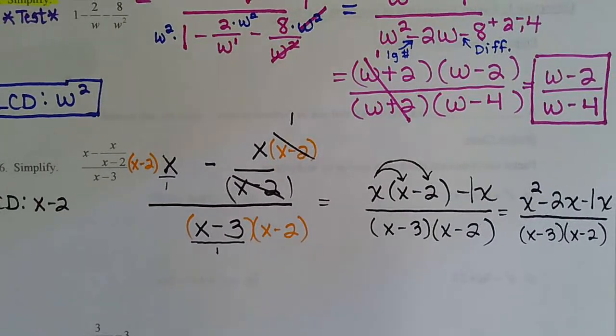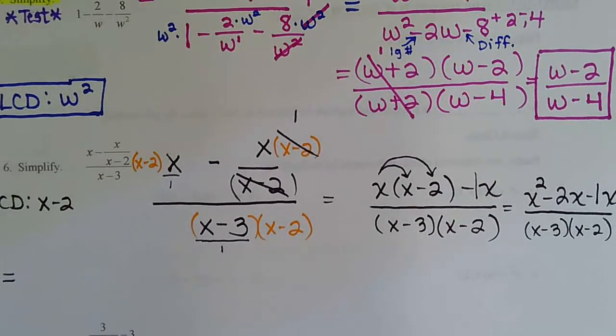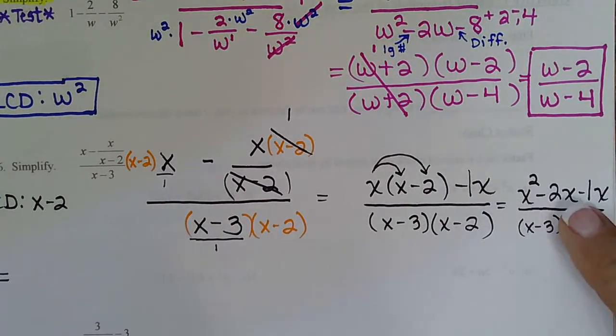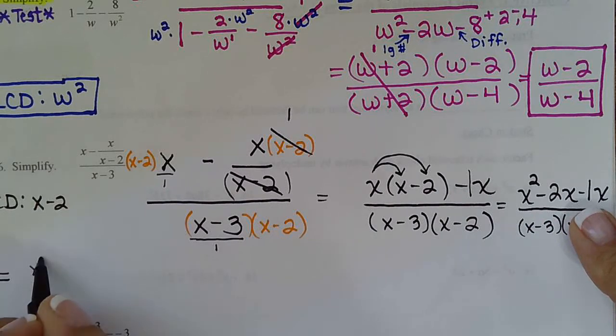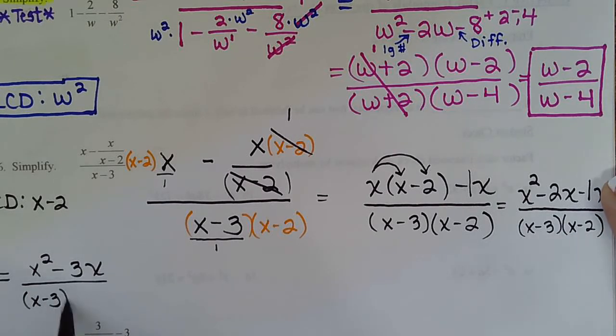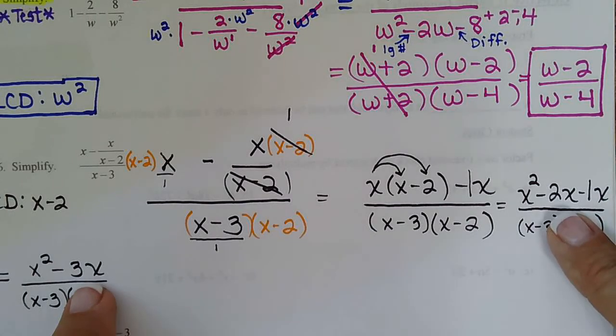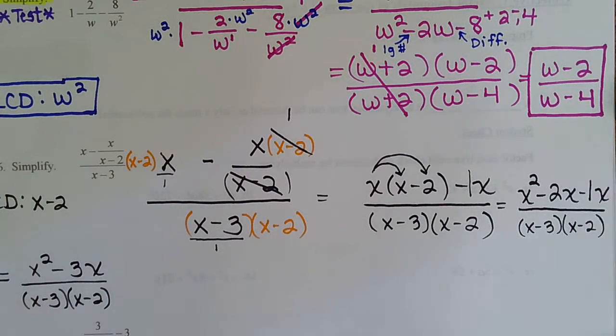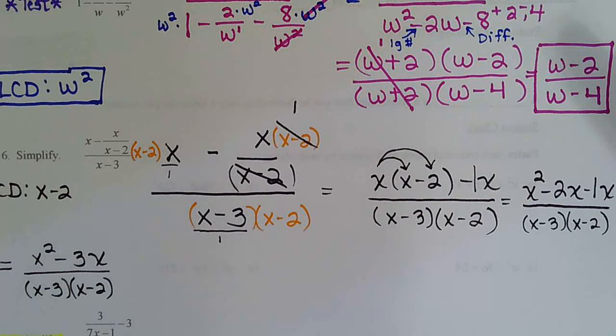So for our next step, we need to combine like terms. So we're going to get x squared minus 3x. Keep the denominator factored for the last step. And then after combining like terms, then you factor the numerator. So we have 3 choices. GCF, squares, or cubes.